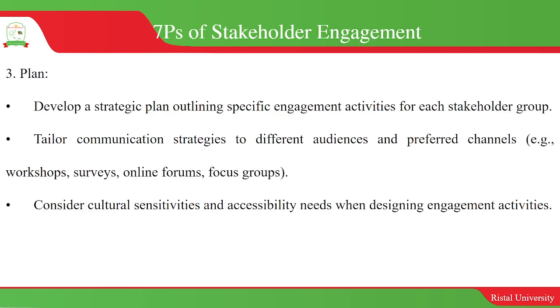Develop a strategic plan outlining specific engagement activities for each stakeholder. So you're not going to communicate to the different stakeholders in the same way. You will have different communication strategies for each stakeholder. And I think one of the lessons that we shall have is communication strategies in health policy making.